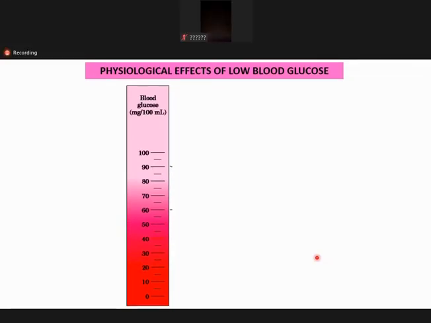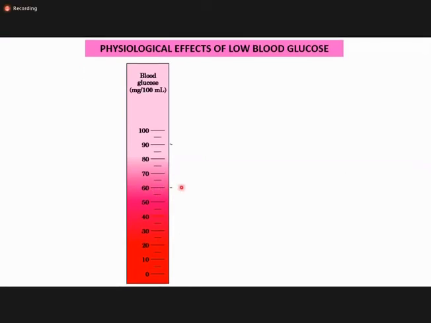Now, as the blood glucose concentration goes below 60 milligrams per dl, we can say that the individual has hypoglycemia. A normal range is approximately 60 to 90 in some books, basically 80 to 100. So it's all correct; you may find different ranges in different books.